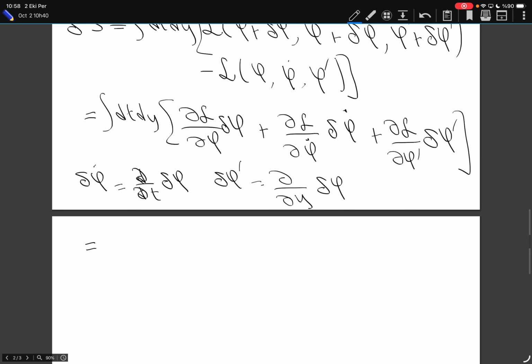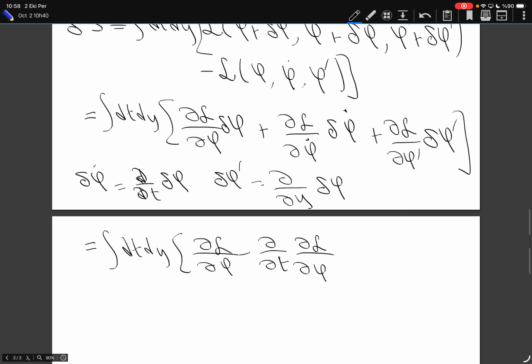I will do integration by parts. Just like in the classical mechanics case, I will get boundary terms. Those boundary terms I will assume to be 0. So I will ignore the boundary terms, and what I am left with is the integral of dt dy, minus del by del t, and so on, times delta phi.